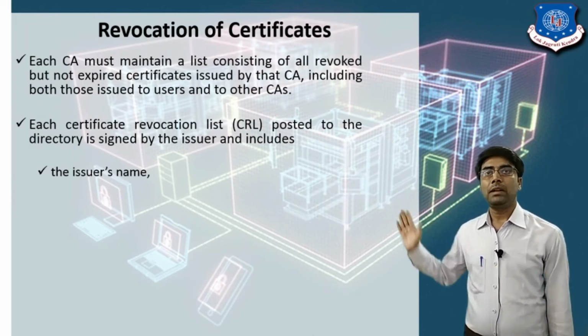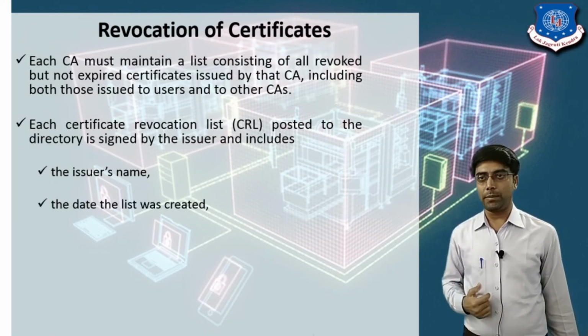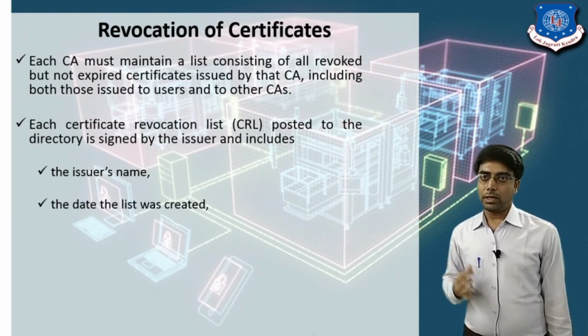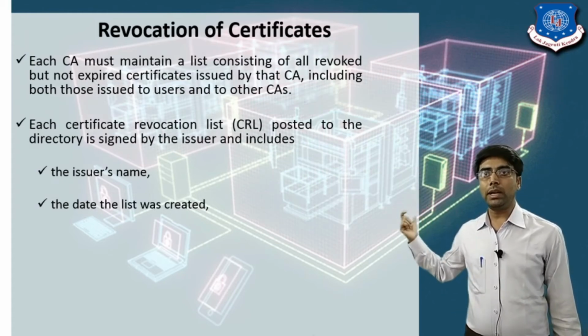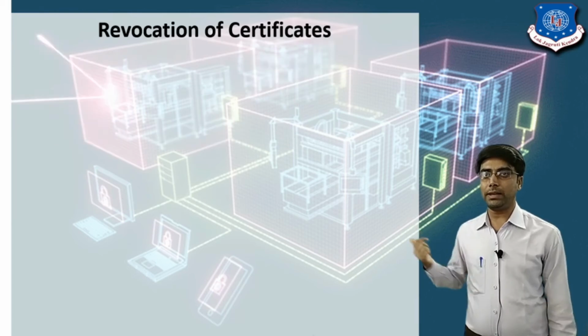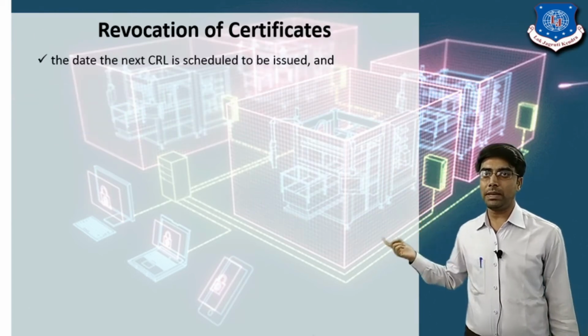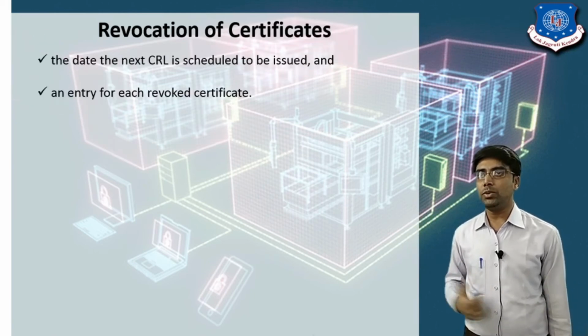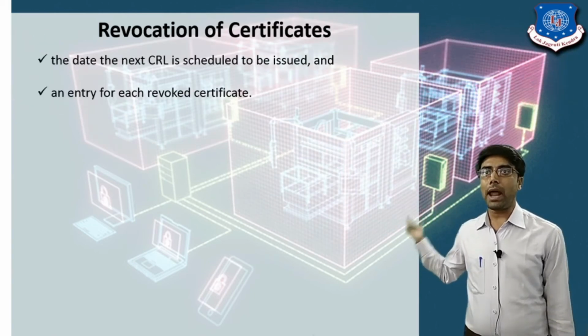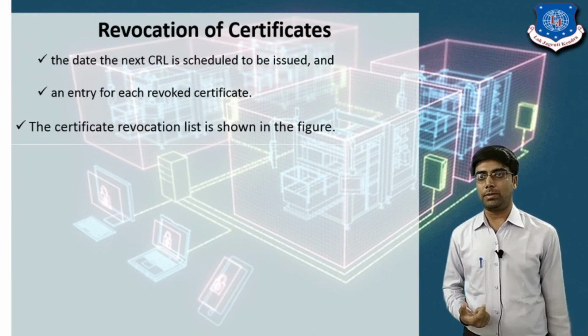You know that the certificate authority name is considered the issuer name, because the certificate authority issues the certificate. Then the date the list was created, the date the next CRL is scheduled to be issued, and last, an entry for each revoked certificate.